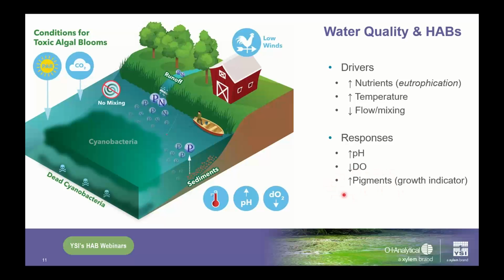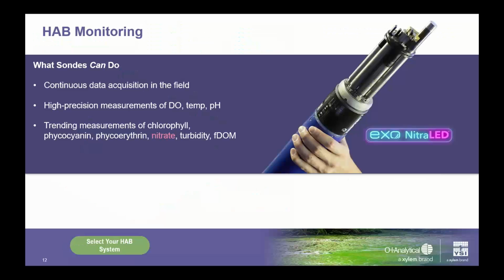But the increase in pigments, just due to the increase of biomass in the water, has a few different effects, but it is also a tool that we can use to understand the growth of algae in the water. And that really is the basis for how we do field monitoring for harmful algae in the water. We use sondes.